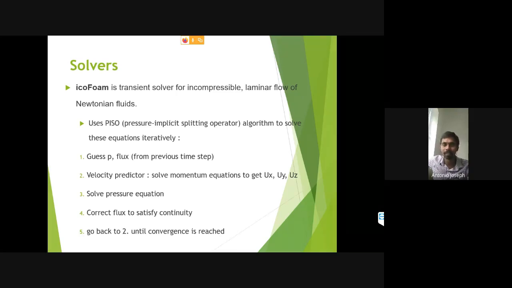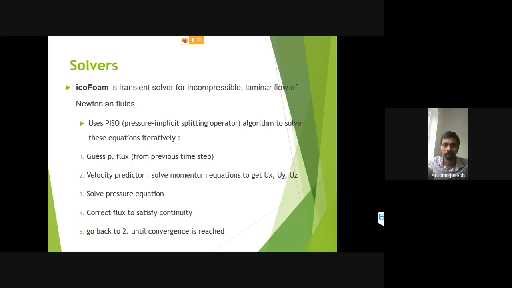In some cases, it's not quite easy to get that convergence. So what we used to do is check the result at a particular point after each time interval. Say suppose after 1,000 iterations, I am checking a velocity value at a particular point of a pipe.